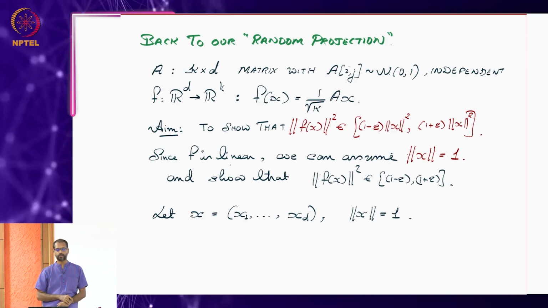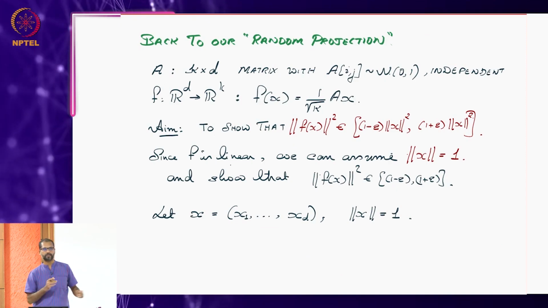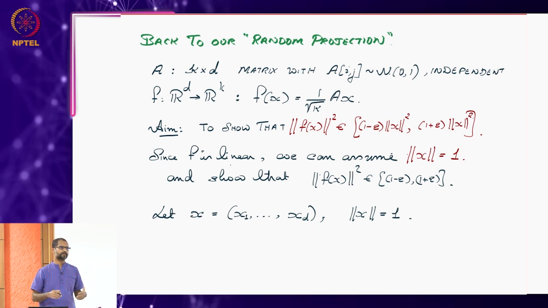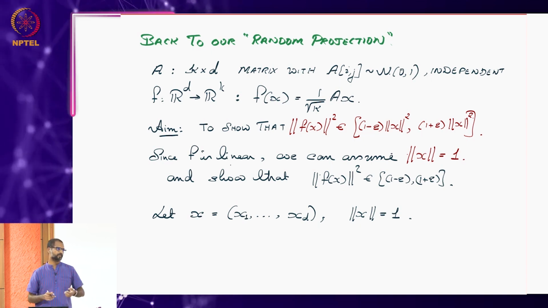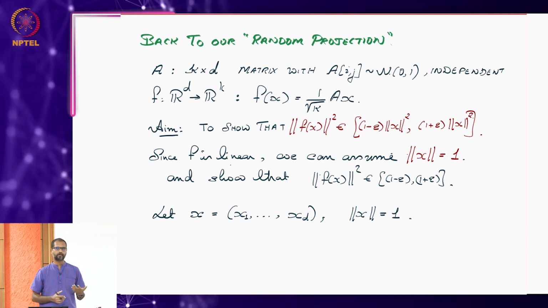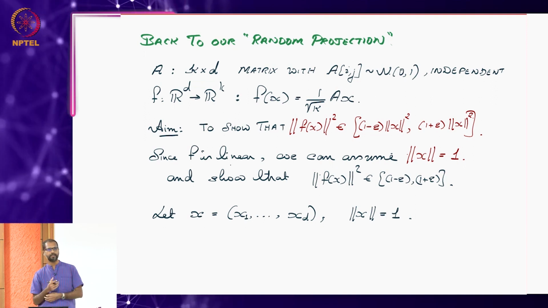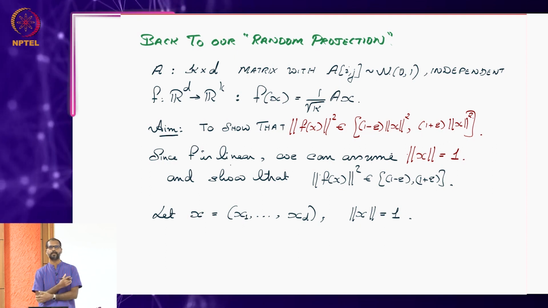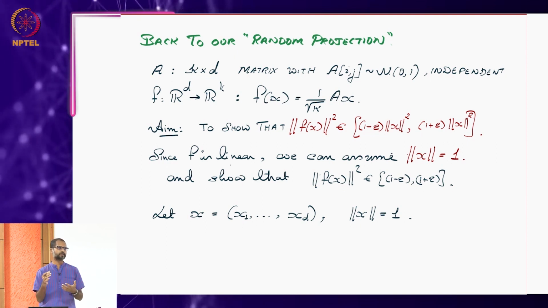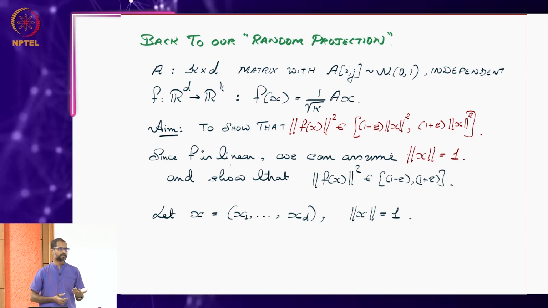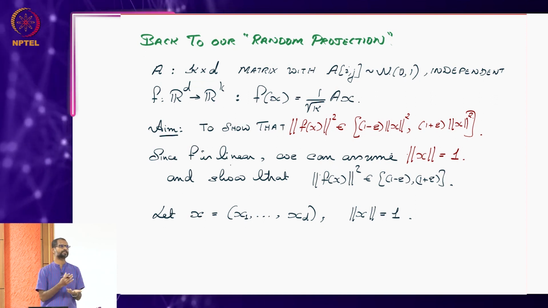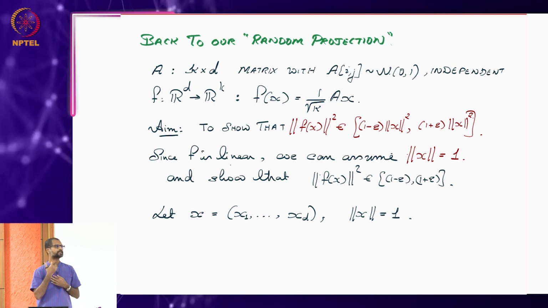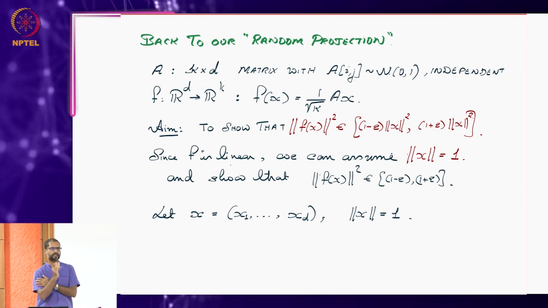So, back to our random projection. This was our digression. We recapped the 1-dimensional Gaussian. We said we will restrict to the standard Gaussian, 0 mean unit variance, and then we stacked many of these independent Gaussians to get a Gaussian random vector, gave it a name called spherical Gaussian, and also saw why it is called a spherical Gaussian, because its probability density function has a spherical symmetry.